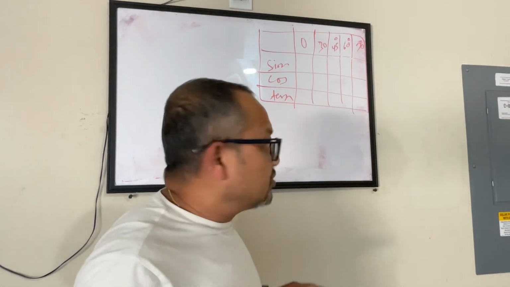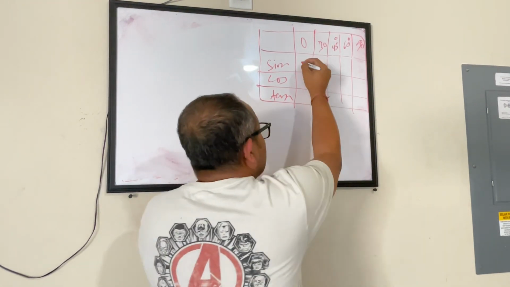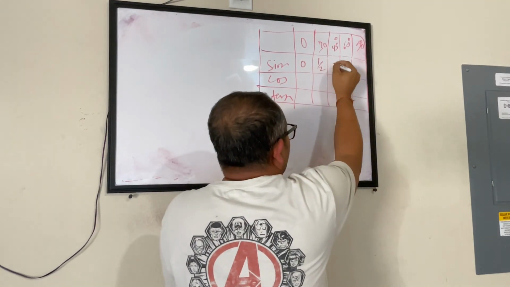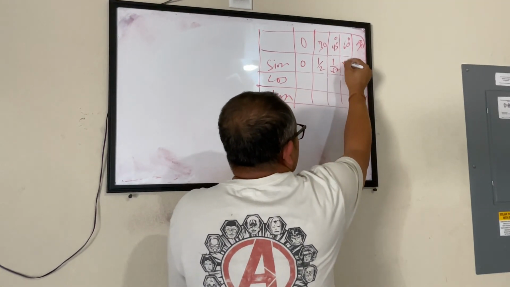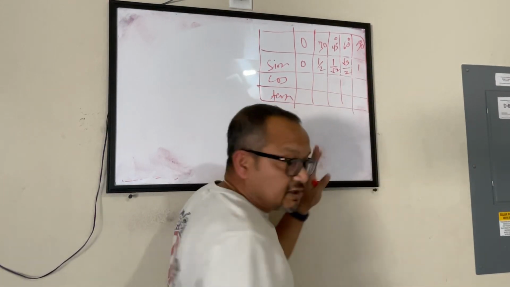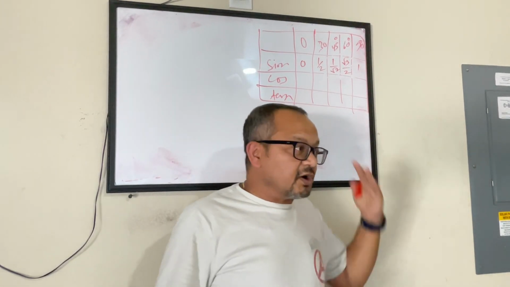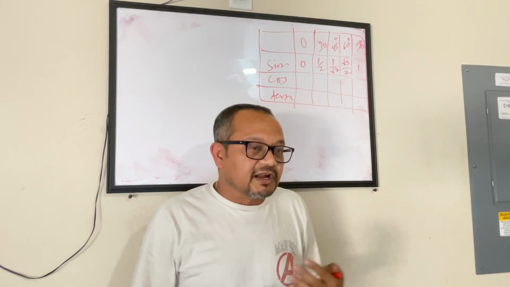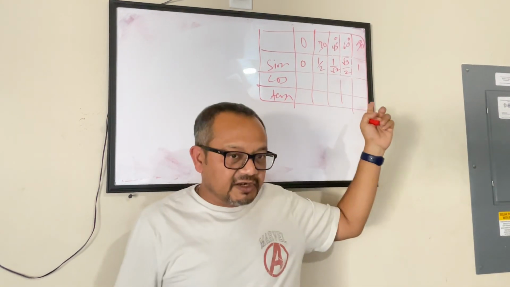I did not just say, okay, sine 0 is 0, 30 is 1 by 2, 45 is 1 by root 2, this is root 3 by 2 and this is 1. I did not do that. I explained, or rather we derived, how every number is arrived at, right?